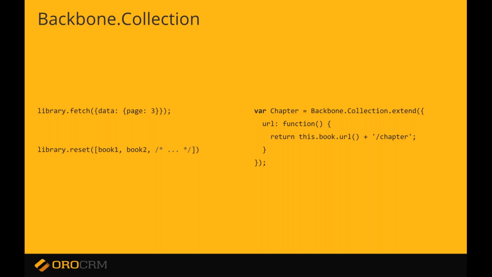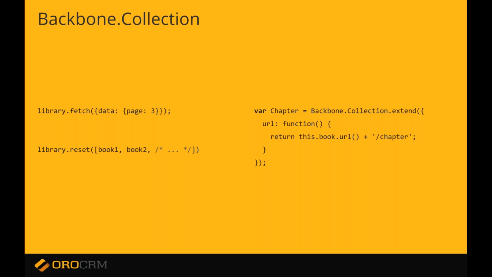We can call the reset method and substitute all existing books in the collection with some other list of items. They can be an array of models, or they can be an array of objects, and objects will be wrapped into models inside the collection.